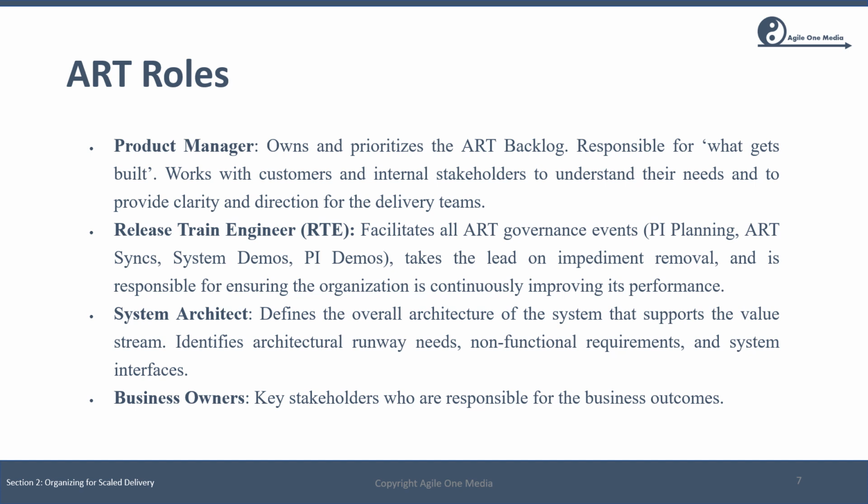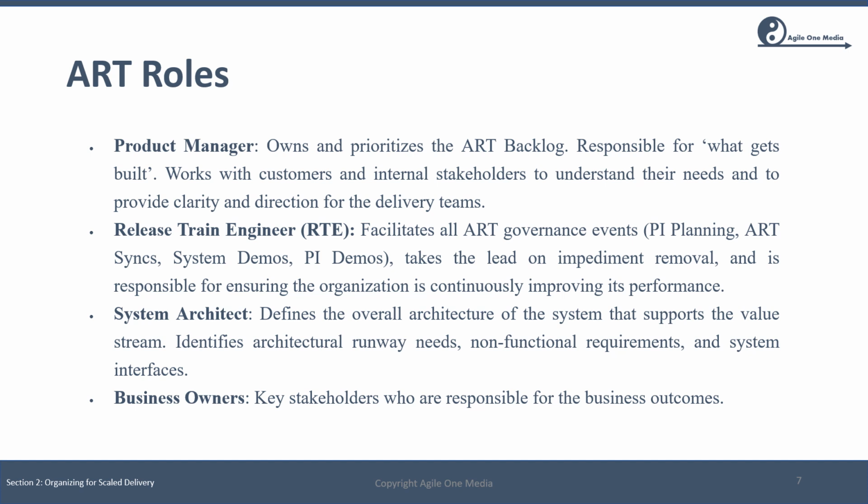The RTE facilitates all ART events, including PI planning, ART syncs, system demos, takes the lead on impediment removal, and is responsible for ensuring that the organization is continuously improving its performance.